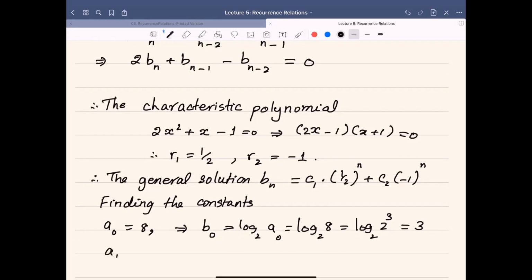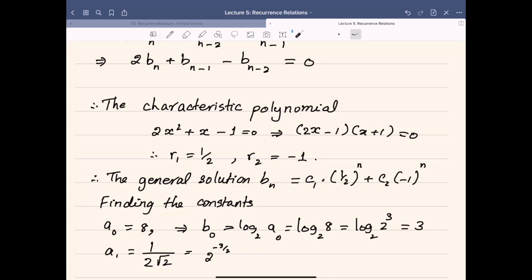Now for a_1, it was given as 1 over 2 times the square root of 2. And this is in fact equal to 2 to the power minus 3/2. Why? Because this 2 in the denominator is 2 to the power minus 1, and this 2 under the root is raised to power minus half.